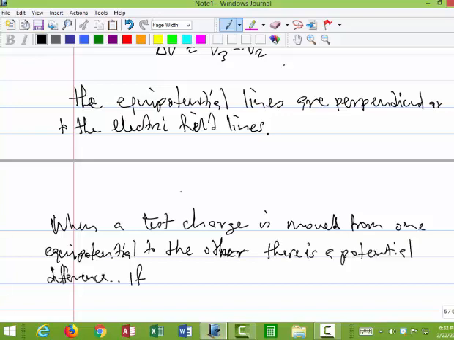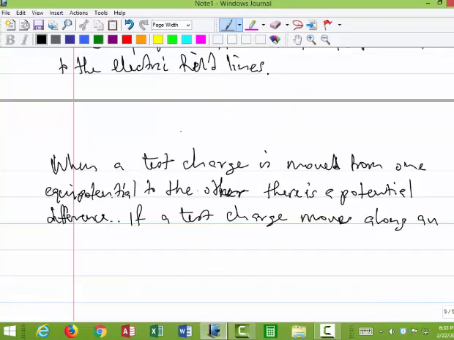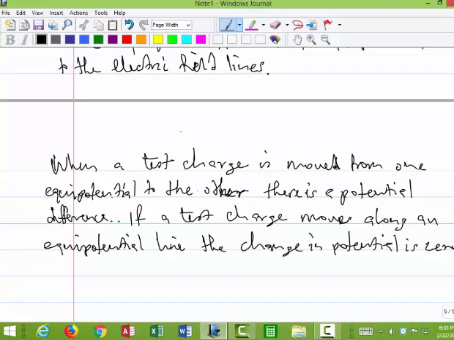If a test charge moves along an equipotential line, there is no change in potential, or no potential difference. So along an equipotential line, the change is 0.